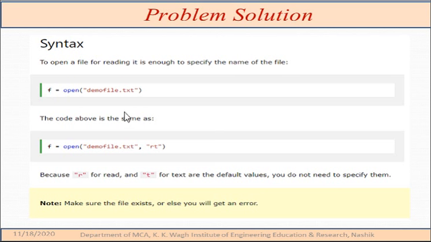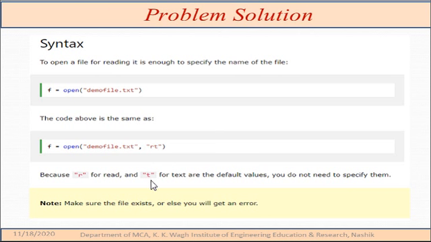The code is the same as this smaller code. As I said previously, the default mode for the file is text mode. So R stands for reading the file, and we read the file only in text mode.